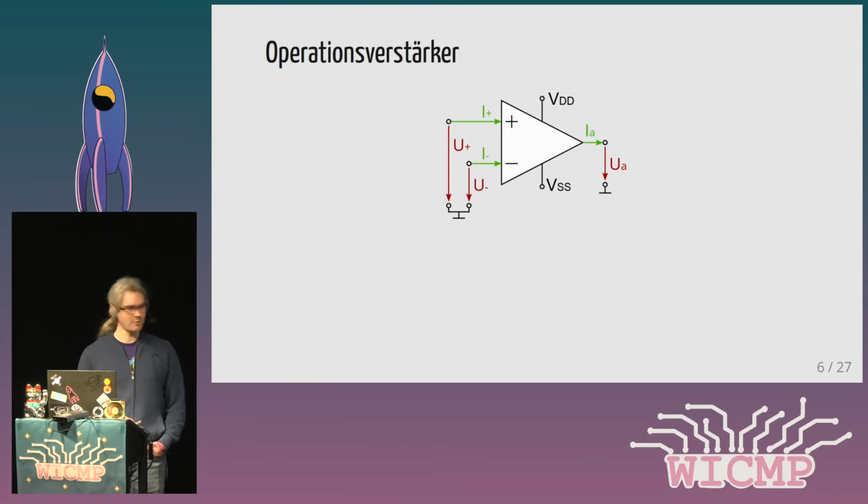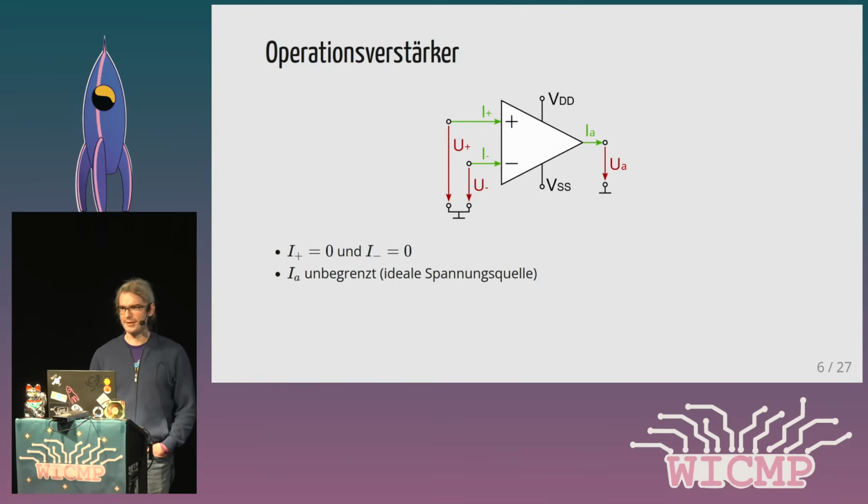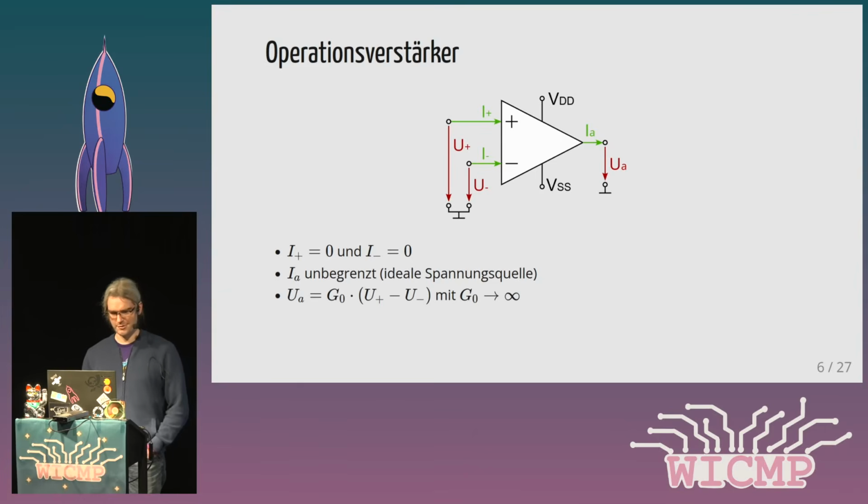So what you see here is an ideal operational amplifier, and we need to define a few conditions. First, I plus is 0 and I minus is 0. The second is that the output current is unlimited, so it is an ideal current source.